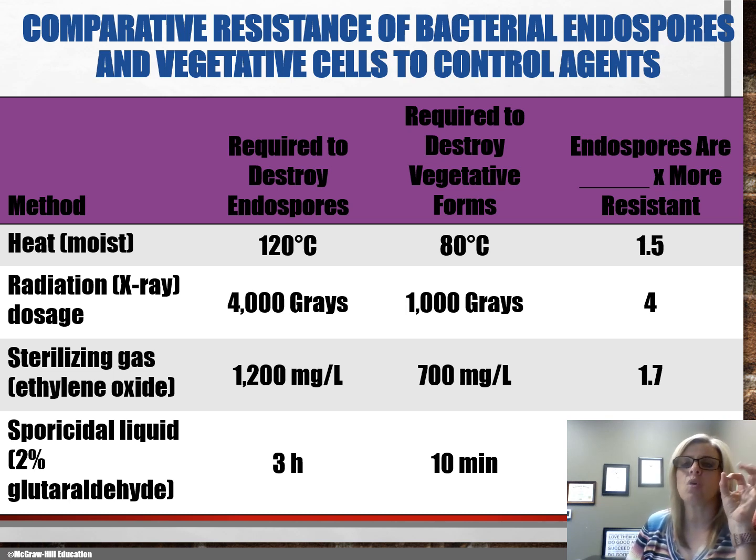Bacterial endospores are traditionally the most resistant, especially compared to vegetative cells. So we're looking here, we've got sterilizing gas, our ethylene oxide, that's going to be sporicidal. Moist heat, sporicidal liquids, but remember, not X-rays. X-rays are not going to be really good enough to hit our endospores very well, okay?